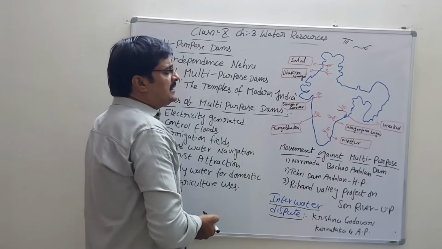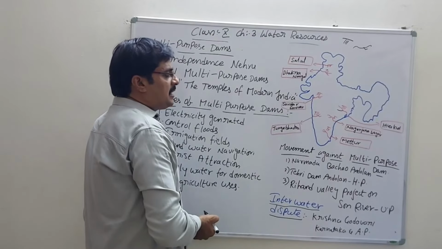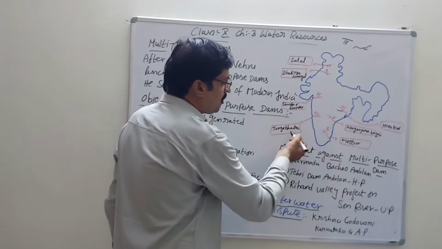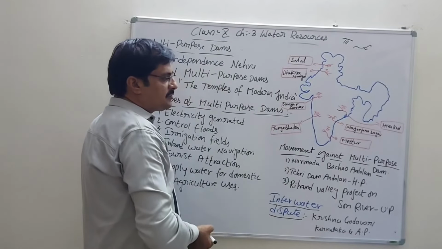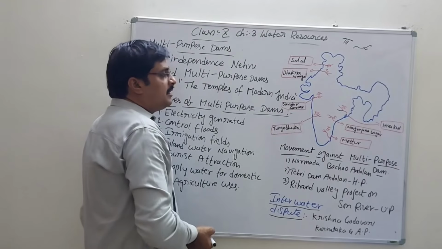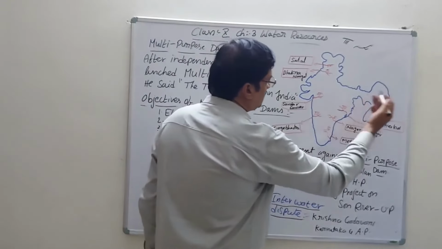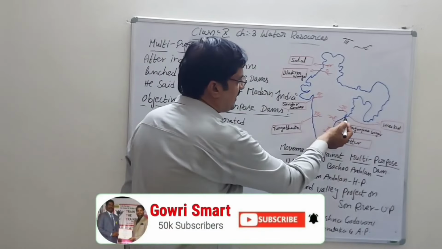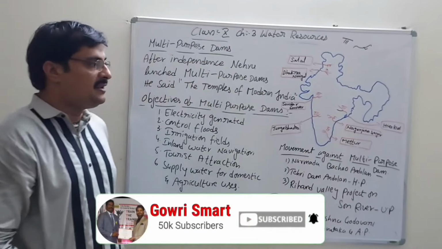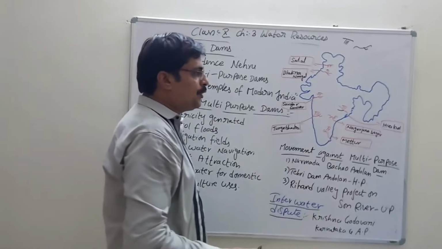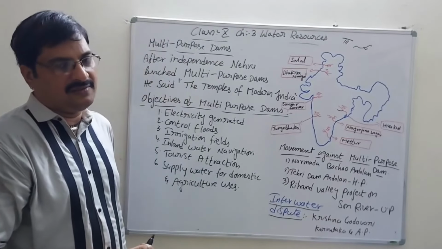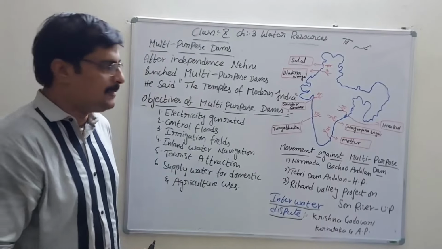Come to the Tungabhadra river in the Karnataka area, which supplies water. The Tungabhadra is one of the tributaries of the Krishna river. Coming to the eastern direction, we have the Mahanadi. On the Mahanadi river, we have the Hirakud project in Orissa.